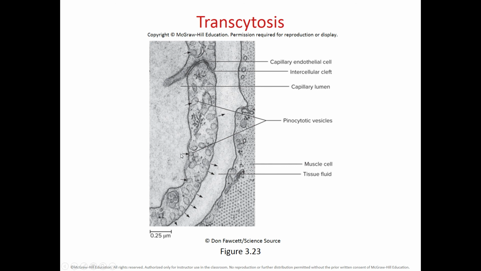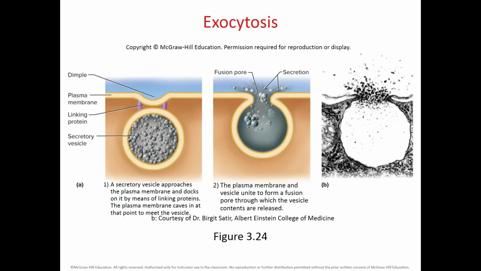So you have these pinocytic vesicles, or fluid-filled vesicles, that move from the blood found in the capillaries into the tissue fluid outside of the muscle cells. And remember again, tissue fluid is also known as interstitial fluid or extracellular fluid.